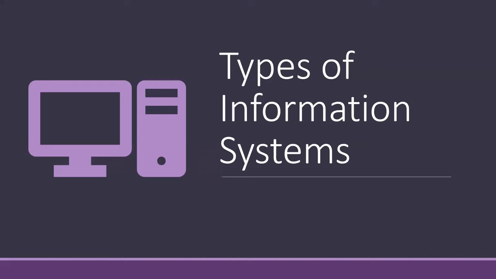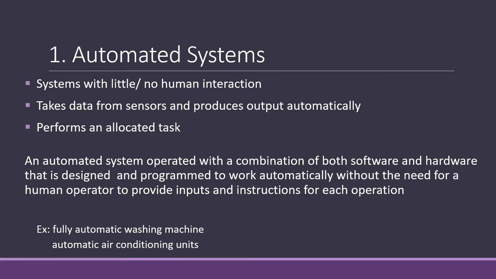The first type of information system which we are going to discuss is the automated system. These are systems which do not need any kind of human interaction. They can work on their own. They are automatic systems.